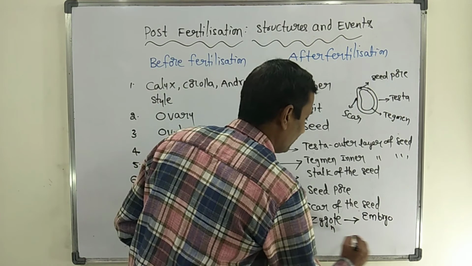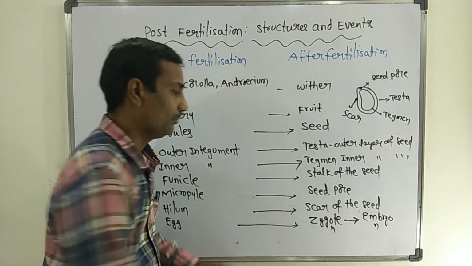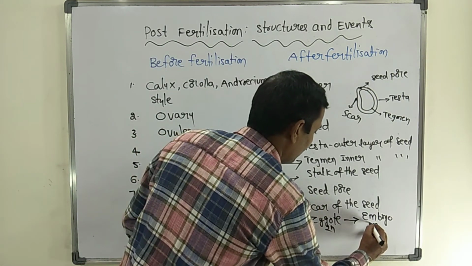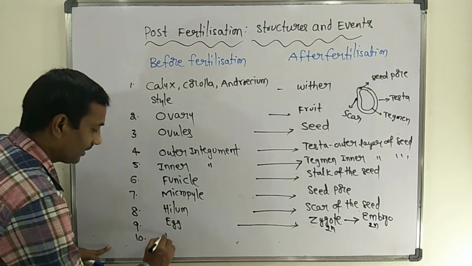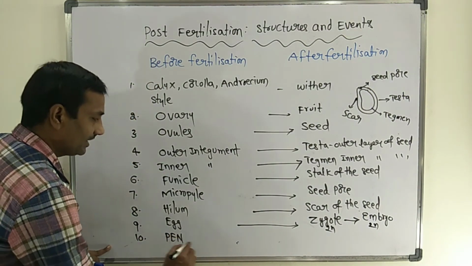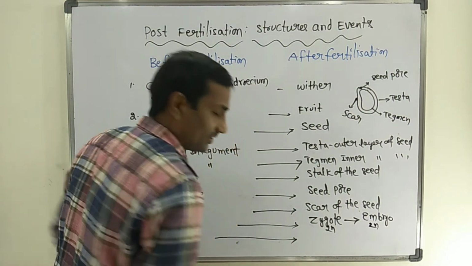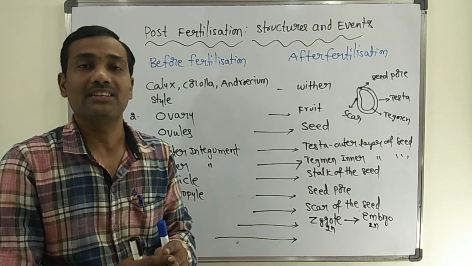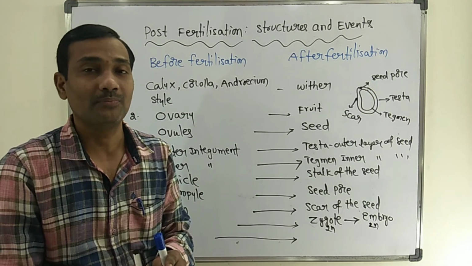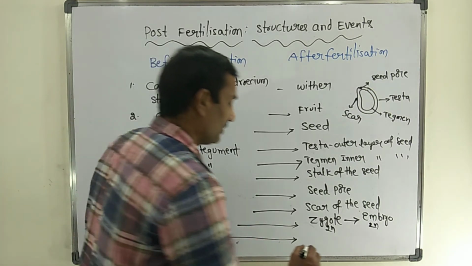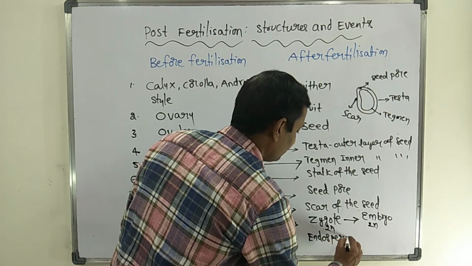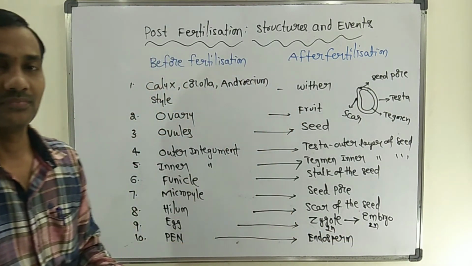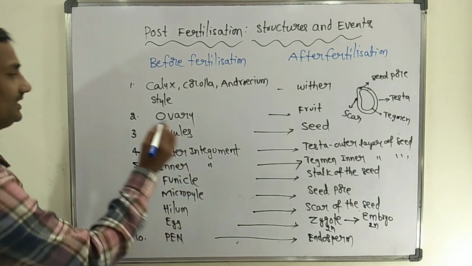The zygote is diploid, and the embryo is also diploid in nature. Here, one more important thing: the primary endosperm nucleus is formed in the central cell, and it converts into endosperm.